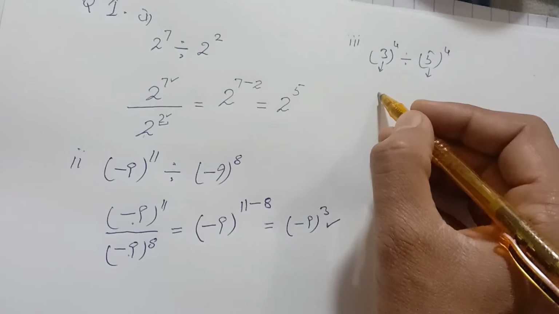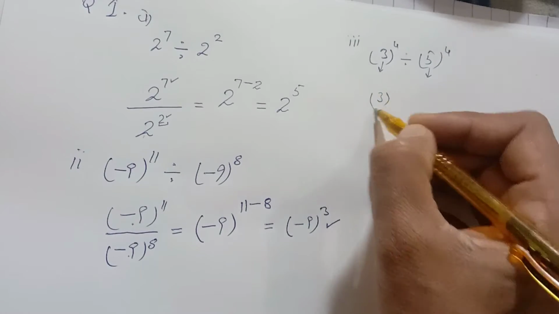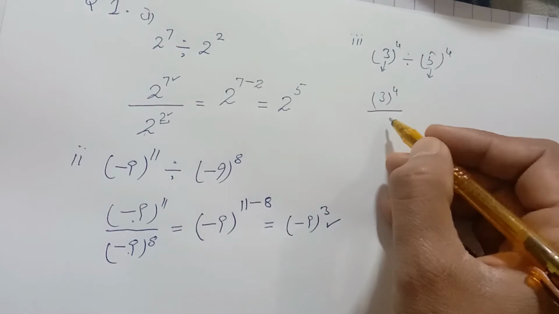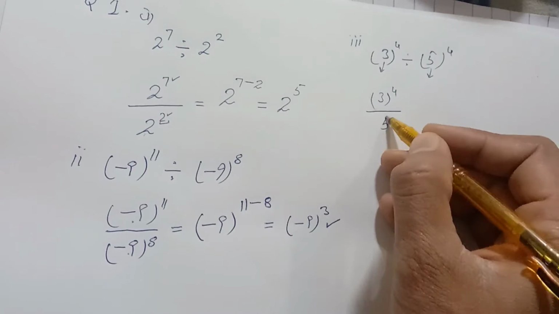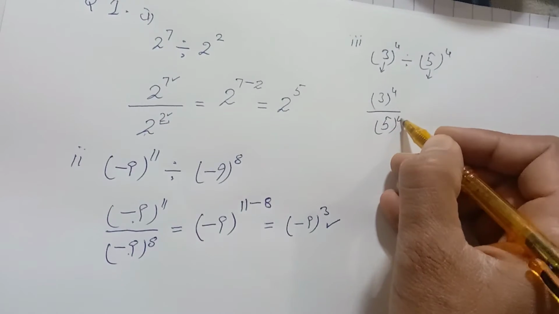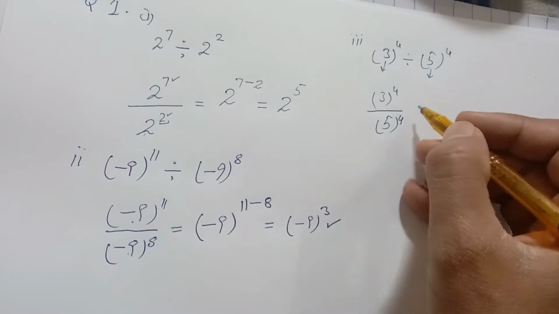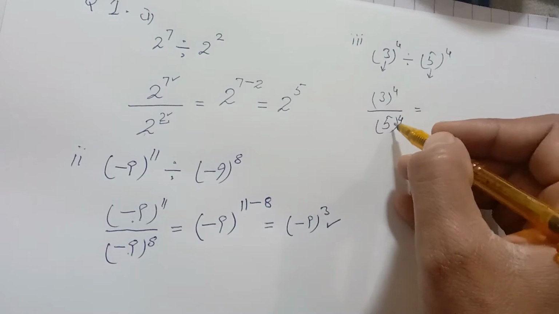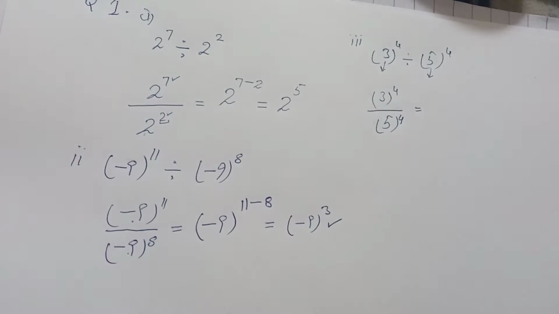So listen and see the question. 3 whole power 4 divided by 5 whole power 4. Here the base is different, but the exponent is the same.